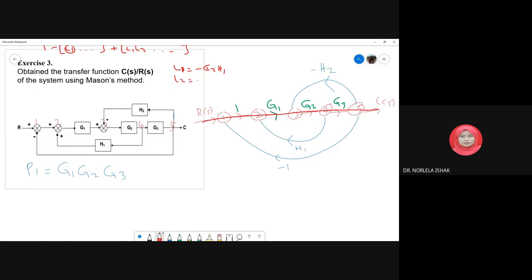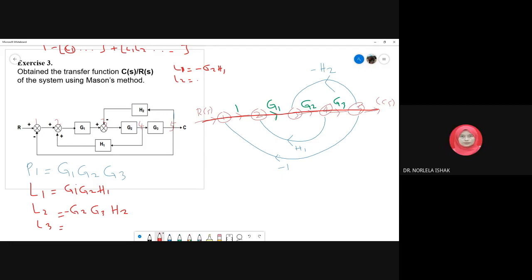How about loops? How many loops do we have here? 3. Our loop 1 is G1, G2, H1, negative. Loop 2 is G2, G3, negative H2. How about loop number 3?